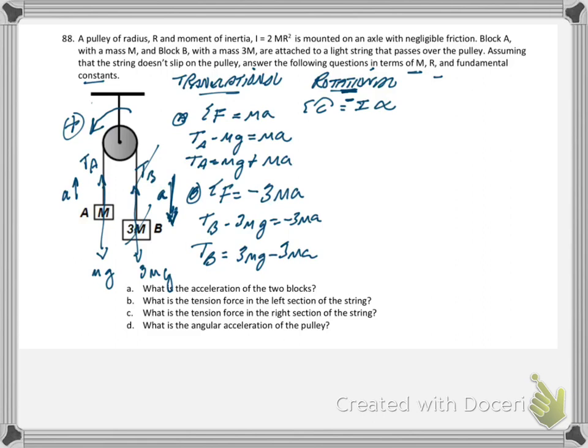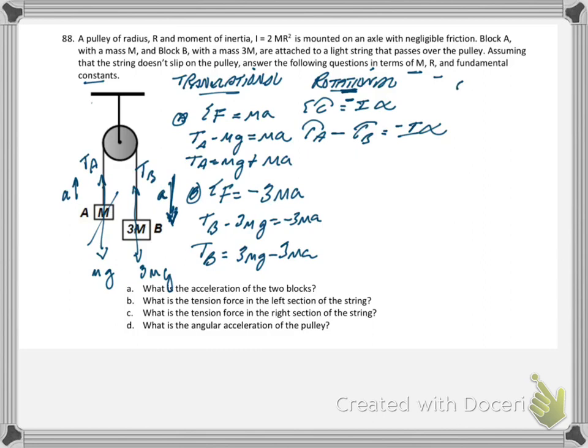Then, what would happen if this mass weren't here? Then it would rotate clockwise, which is a negative direction. So the summation of the torque is going to be torque A, which we said was positive, minus torque B, which would be negative, equals negative moment of inertia times angular acceleration.